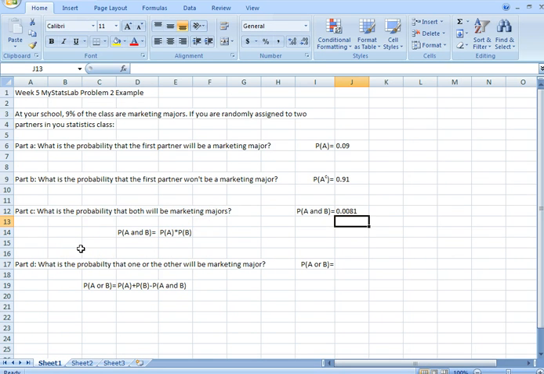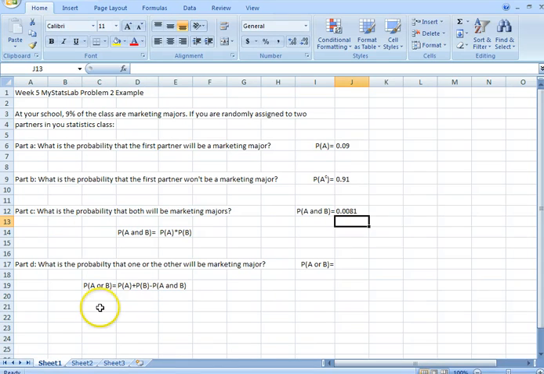What is the probability that one or the other will be a marketing major? Now we're going to use our general addition rule, and we're looking for the probability of A or B. So using this rule, the probability of A plus the probability of B minus the probability of A and B. Now we already have everything we need for this.